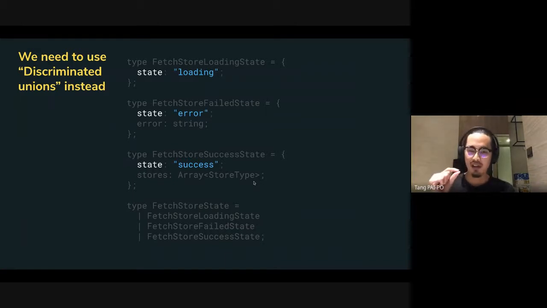And for the value of this extra property, you need to provide a unique value for each state. Like the loading state has loading as a string, the fail state has error as a string, and the success state has success as a string. With this technique, the compiler can now infer the correct type by checking the value of the state. If you want to know more about this, you can go to the TypeScript advanced types documentation to see more details.